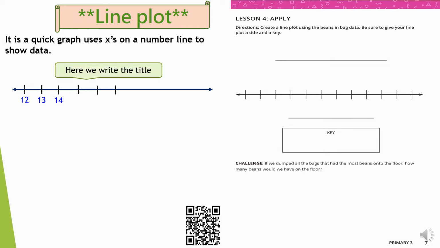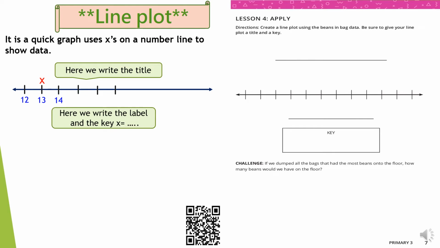And don't forget to write the title on the top, the title which tells me what I am doing. This graph is telling me what. And at the bottom, we will write the label which tells me these numbers refer to what, and the key which tells me what the x's are equal to.